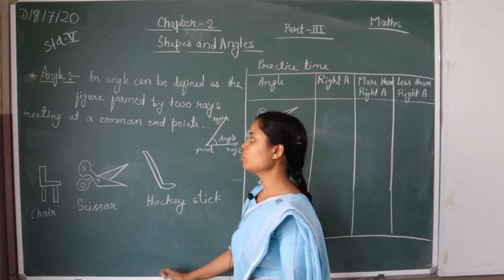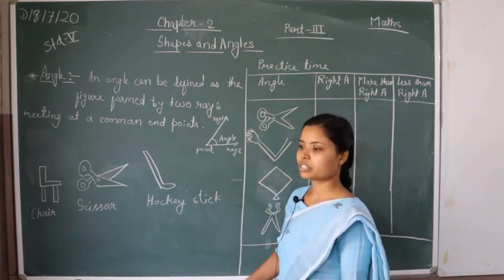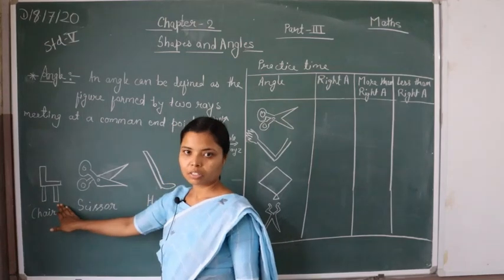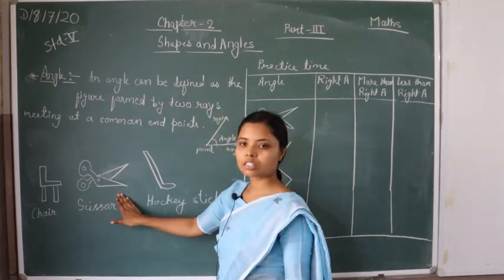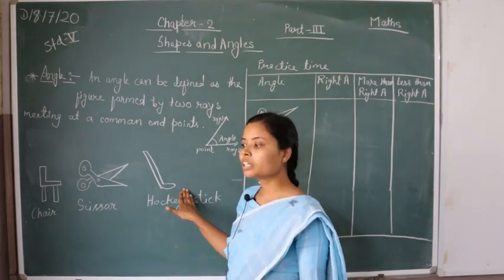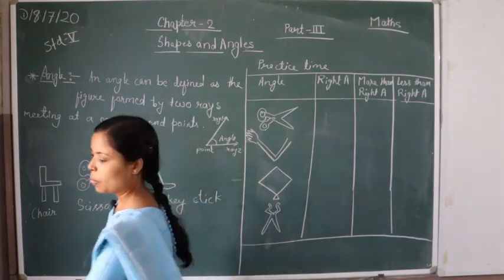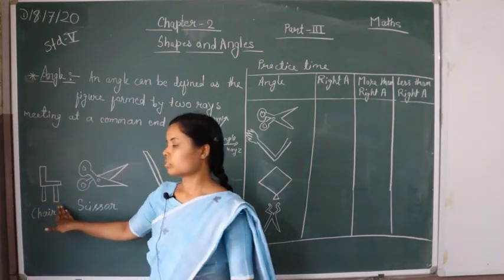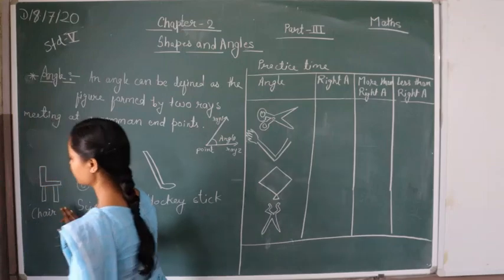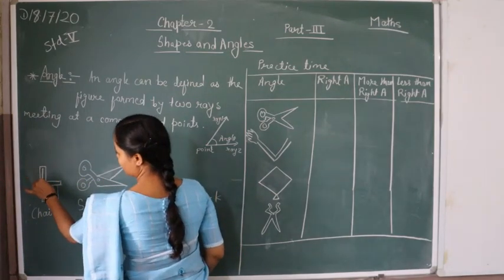Then come to some figures. Look carefully at these figures. This is a shape of a chair, this is the shape of a scissor, and this is a hockey stick. Look at the shape of the chair.